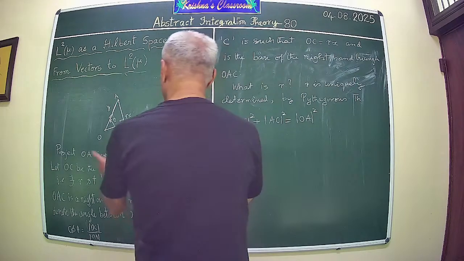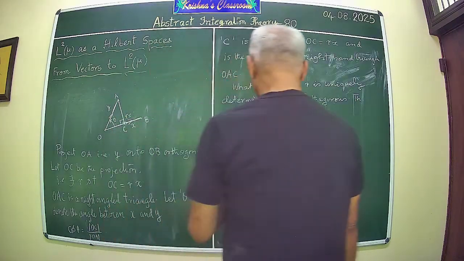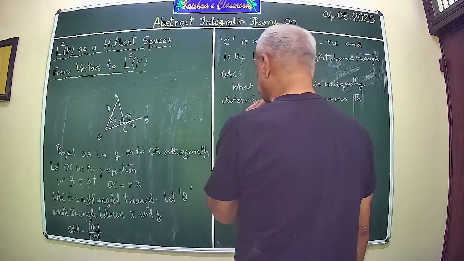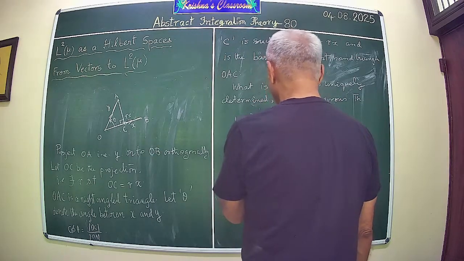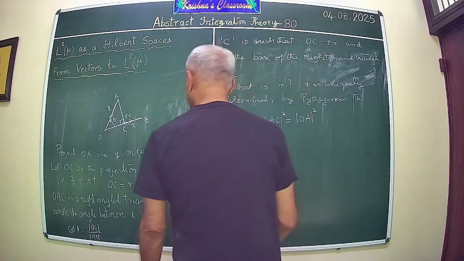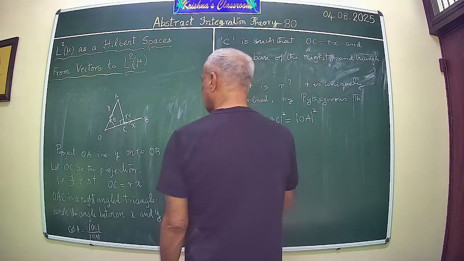So let us calculate this. So R we can therefore find. That is, you have OC is Rx.